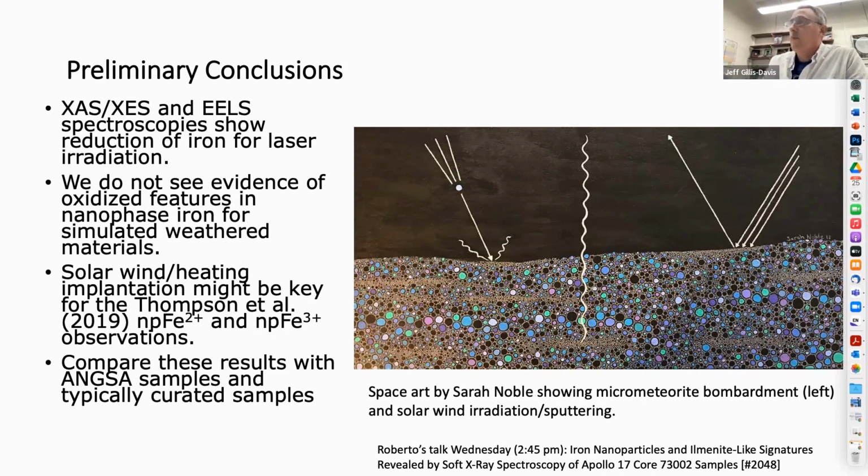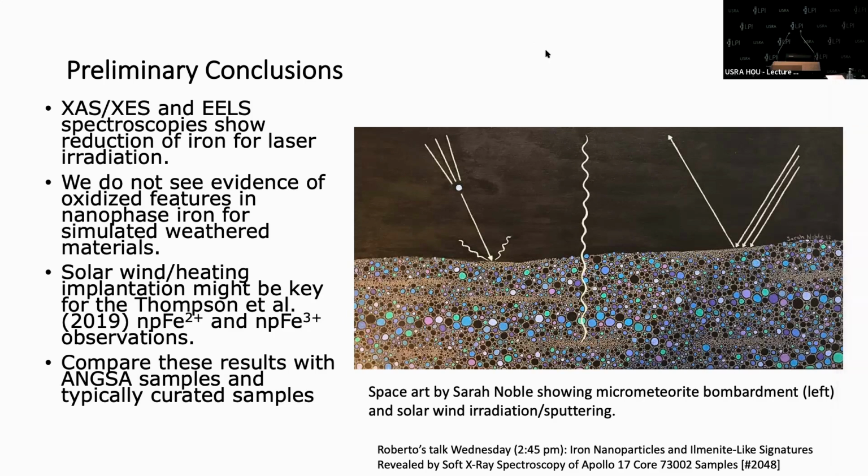Hey, Jeff, it's Michelle. Really interesting work. One thing that we've seen since we published that paper, and something that Kate and her group have been working on a lot as well, is that the oxidized iron seems to be associated with specific nanoparticle morphologies.